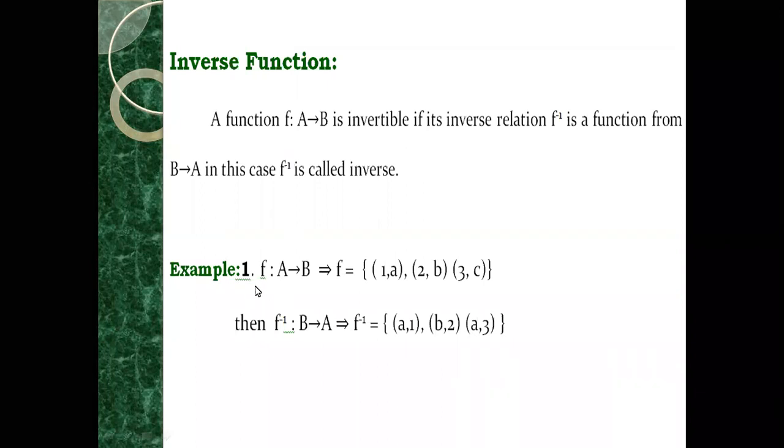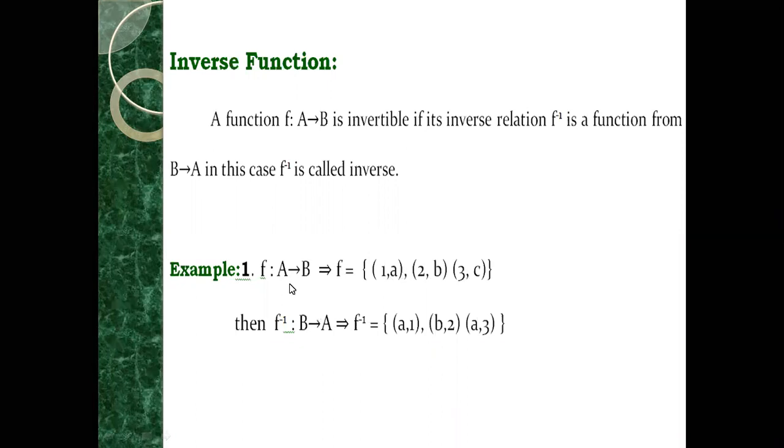So let us consider an example. Given function f maps A to B, f is equal to 1 to a, 2 to b, 3 to c.